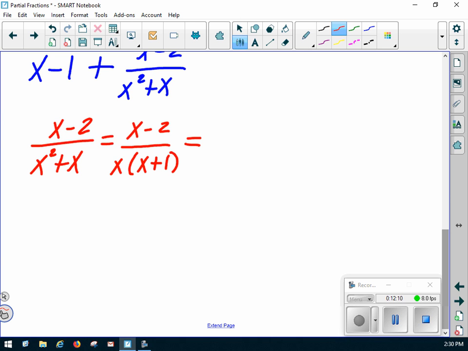Good. I've got 2 factors in the denominator, so I'm going to have 2 fractions. What are the numerators going to be? Constants. Good.